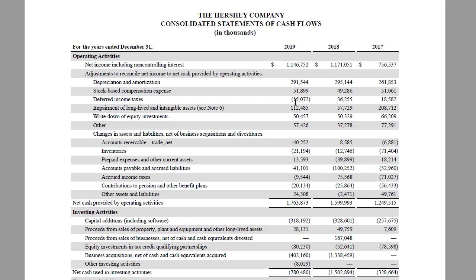Let's use stock-based compensation and deferred income taxes for a minute. The income statement included an expense of $51,899,000, but it also included a positive adjustment for deferred income taxes. So the 51 we have to add back, and the deferred, because it was not an actual positive, gets deducted.